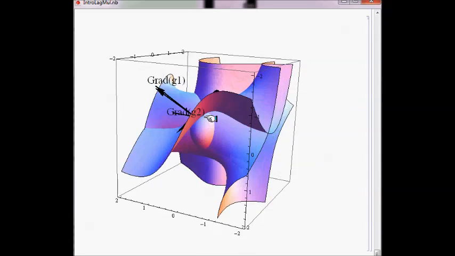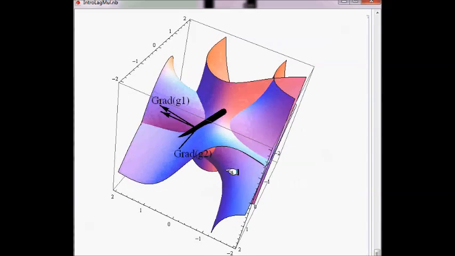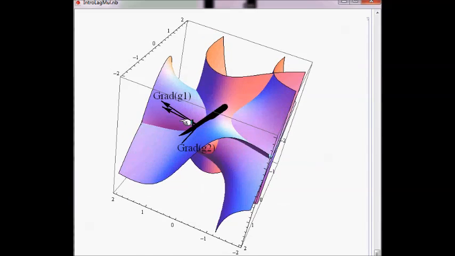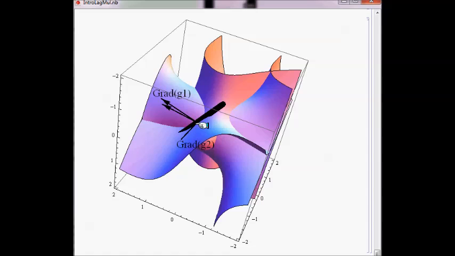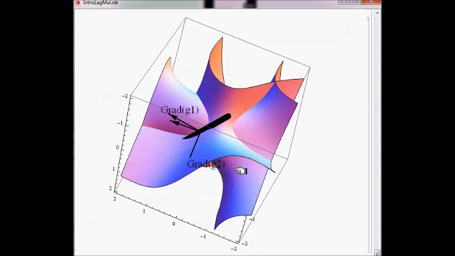Now if you think about the gradient of this level surface, that's the third one here, it's also perpendicular to this black tangent line right here. So all three gradients are perpendicular to this line, and G1 and G2 form a plane that is perpendicular to this tangent line of the space curve, the constraint curve.